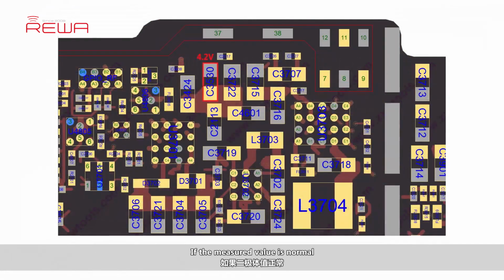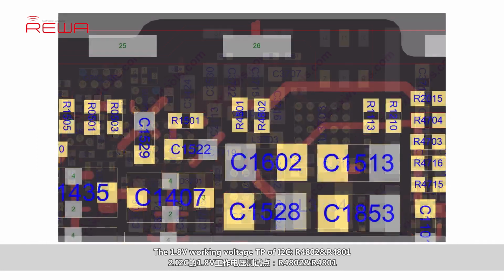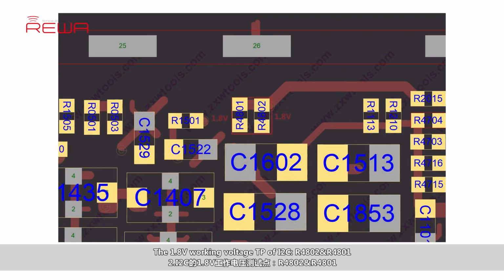If the measured value of one specific pin is abnormal, then check relevant circuit of the pin. If the measured value is normal, we need to check working conditions of U3502. 1. The power supply voltage TP, C3530, 4.2 volts, VDD_main. The 1.8 volts working voltage TP of I2C, R4802 and R4801.